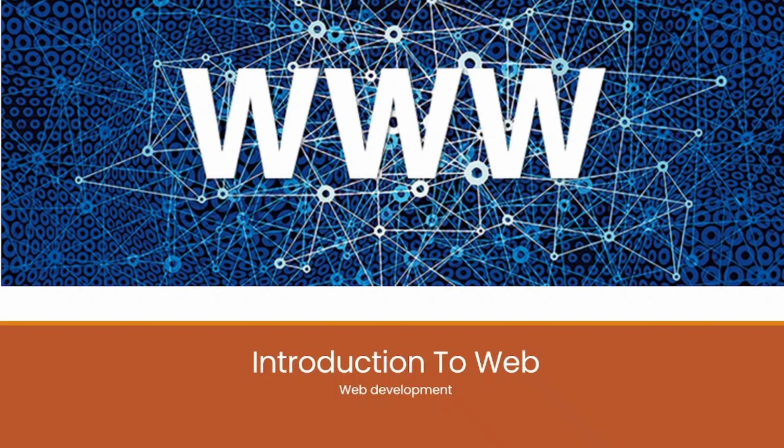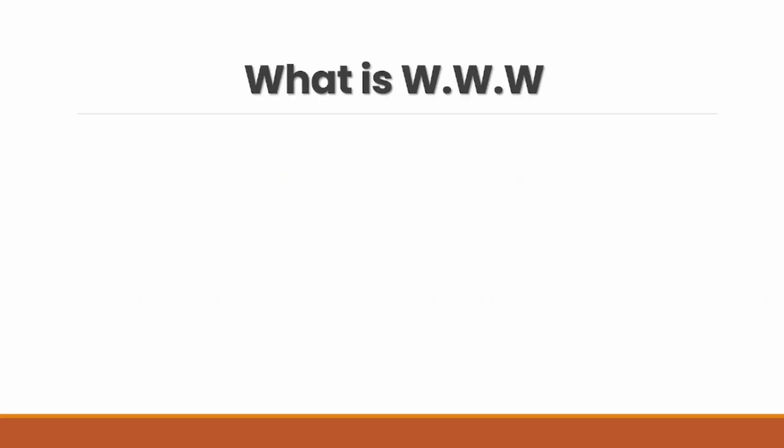Let's begin. Before I proceed, I would like to ask, what is W.W.W? Well, the word W.W.W, as we all know, stands for the World Wide Web. That's the first W for the world, the second W for the wide, and the third one for the web. Now, why the web?